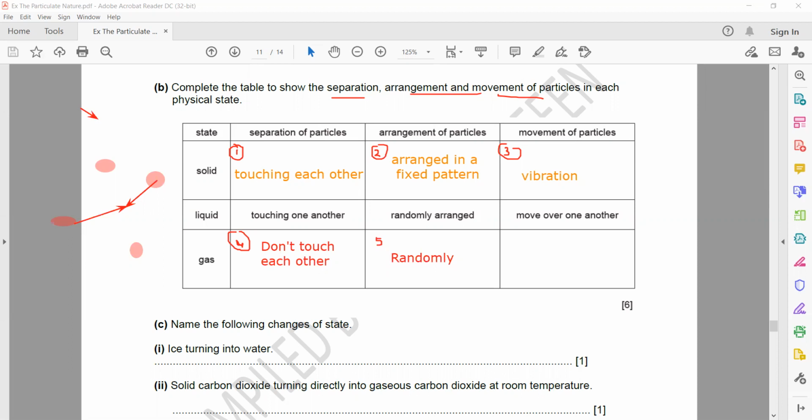Yeah, collision can happen, but touching each other here refers to being continuously in touch with each other. That's why we are saying they are not touching each other. They may collide, but most of the time they are not colliding or touching each other. What about the movement of the particles?